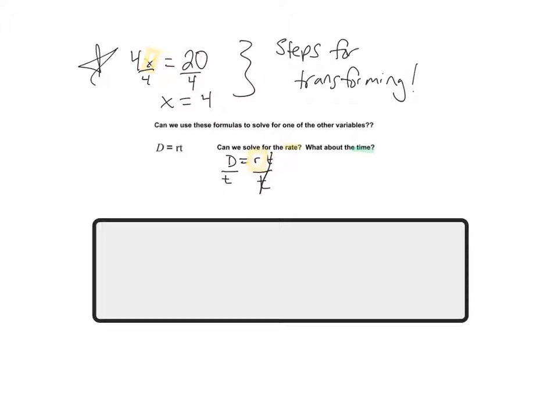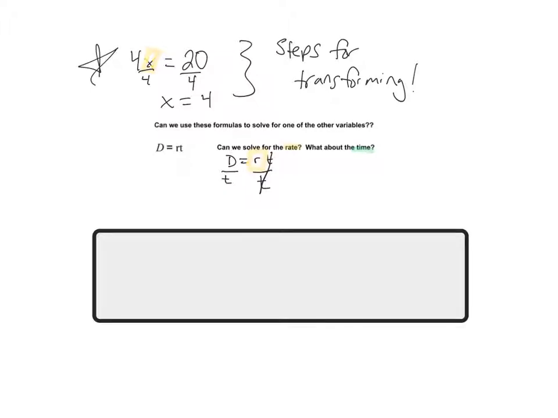So we're going to divide both sides by T, and then we're going to simplify. And what we are left with when we simplify is distance over time is equal to R. The question asked, how can we solve for R? Boom. That's how we solve for R. We're showing what R is equal to.